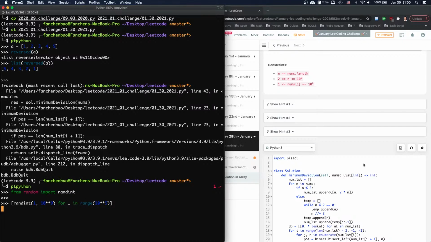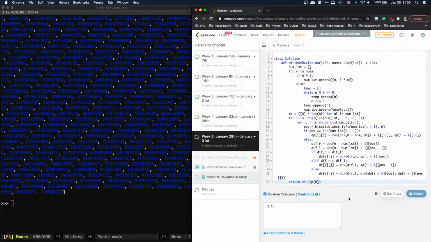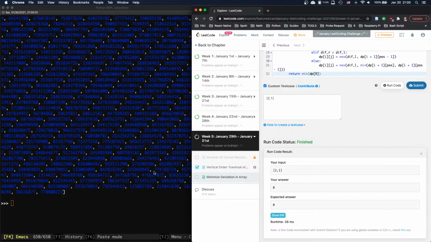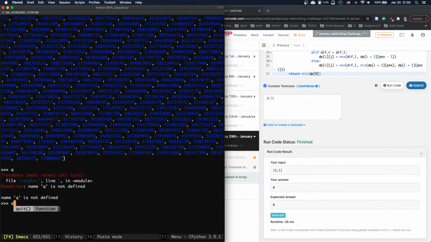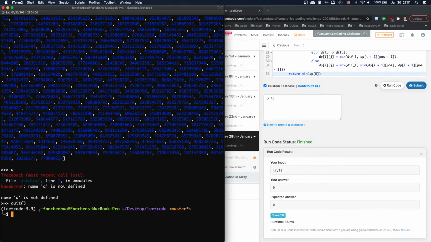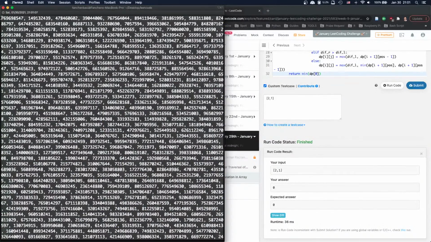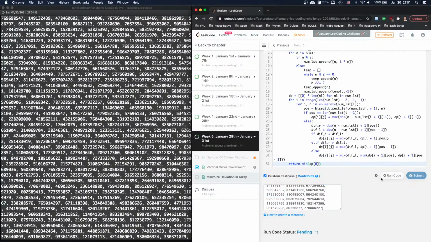I'll let it compute. We can set 0. Can't cover everything. That's fine. Let's cover this. See if it runs.